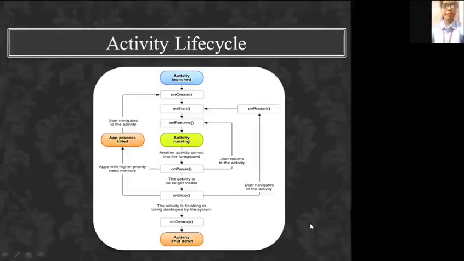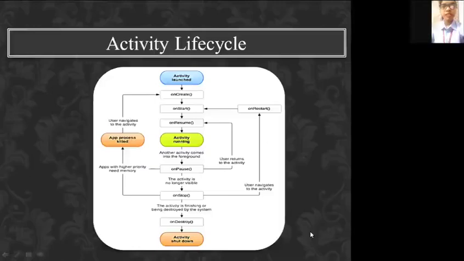The onCreate method is called when the activity is first created, the onStart method is called when the activity is becoming visible to the user, the onResume method is called when the activity will start interacting with the user, the onPause method is called when the activity is not visible to the user, the onStop method is called when the activity is no longer visible to the user, the onRestart method is called after your activity is stopped, prior to starting again. Then the onDestroy method is called before the activity is destroyed.